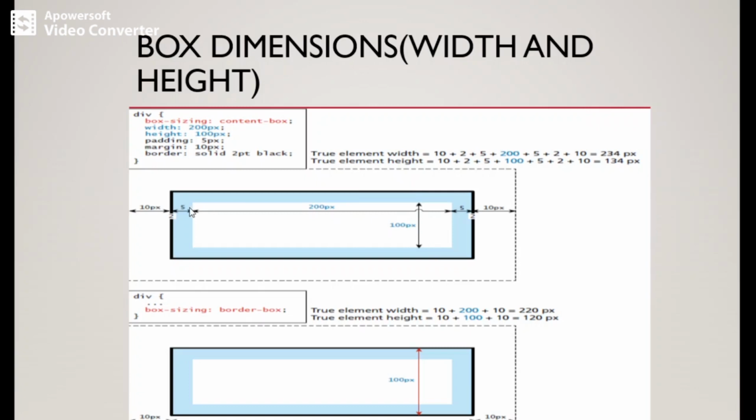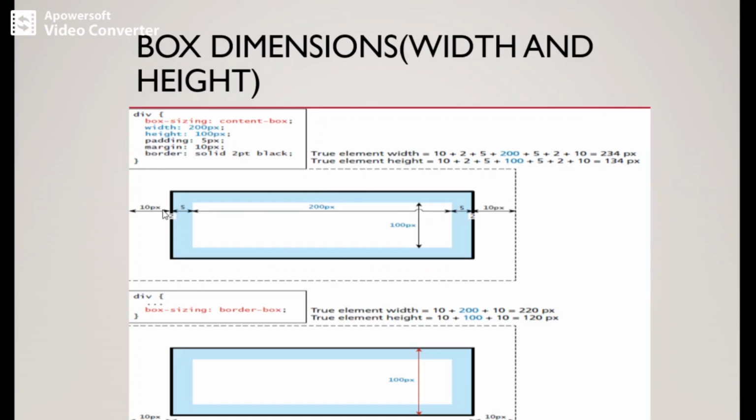Actual width will take, here already it is 200 plus the padding, 5 pixel. Padding means you have left padding, you have right padding. So 5 plus 5, 10. Okay, next margin 10 pixel. So left margin, right margin, 20. So how much overall? 10 plus 20, 30.